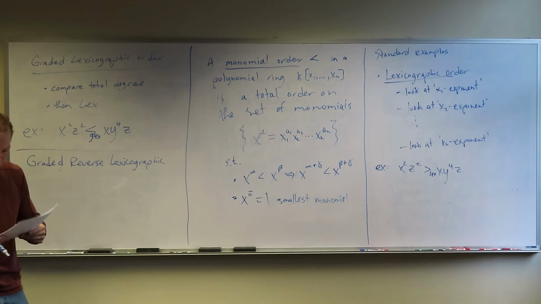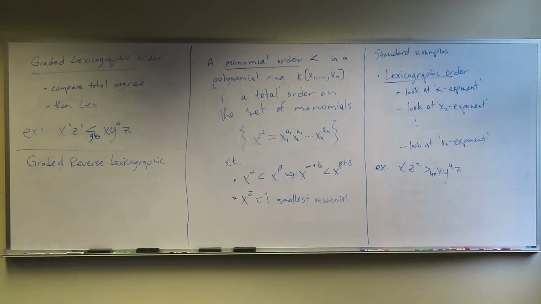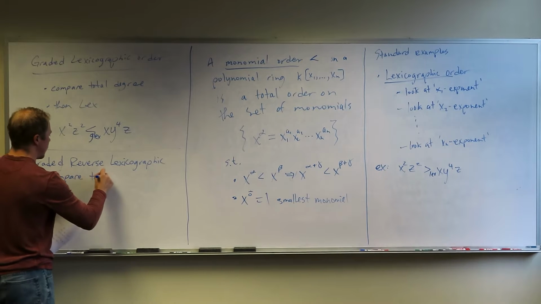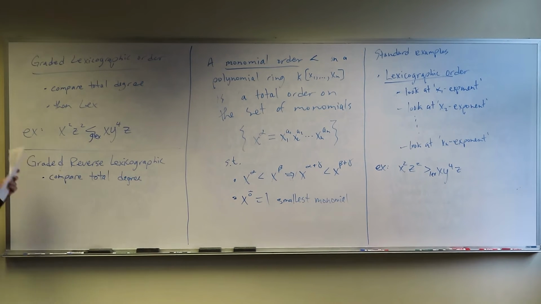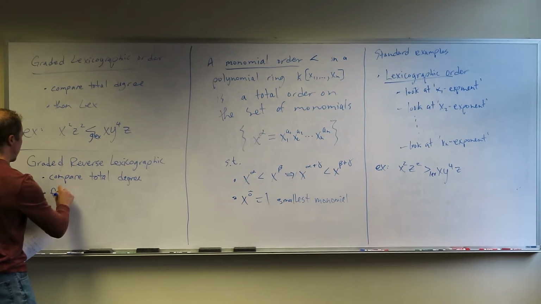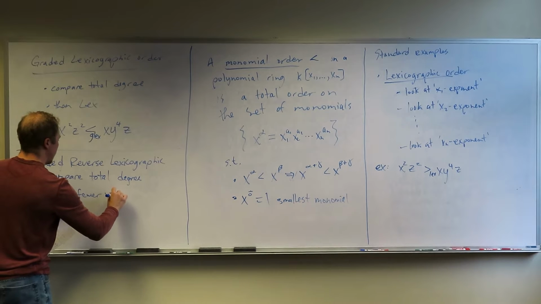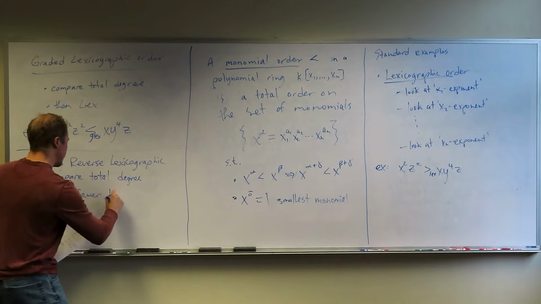They might show you other ones as well. So then GrevLex, or graded reverse lexicographic order, is, okay, we do the same first step. So start by comparing the total degree. But then instead of doing lex to break ties, we're going to say that we want to favor having fewer later variables.